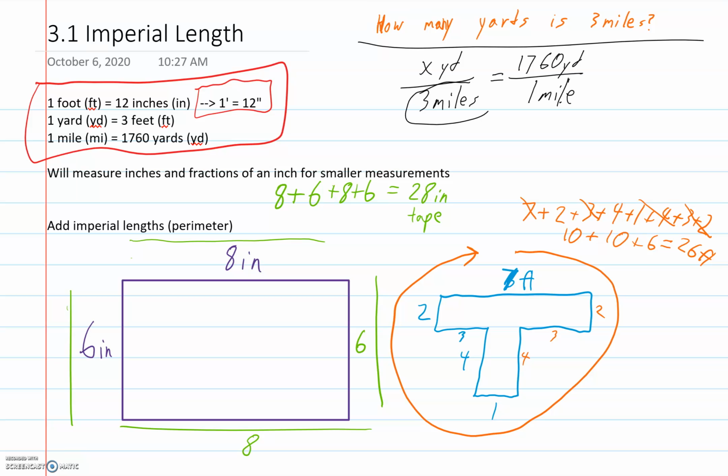So what we can do is take the 3 miles, move it on top. That means we're multiplying those two now. So 3 times 1,760 equals 5,280 yards.